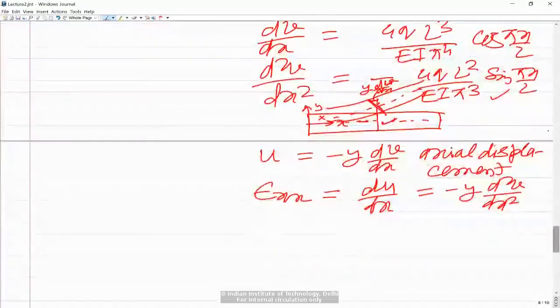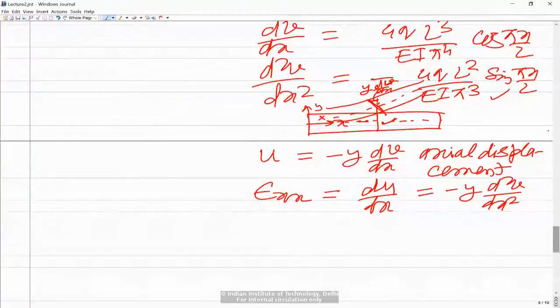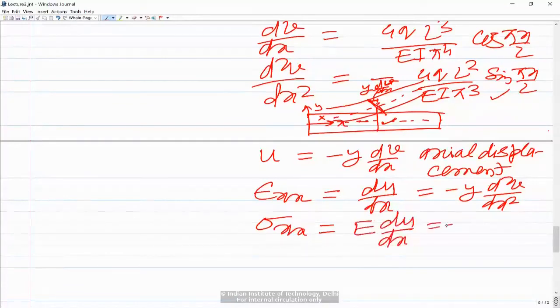Of course, as you know, the maximum strain and stress is going to be at the center, so you can calculate d2v by dx square at x equal to l by 2 and find out the strain. And then the stress sigma xx would be E into du by dx, that is E into strain epsilon xx, so that would be minus E into y into d2v by dx square.